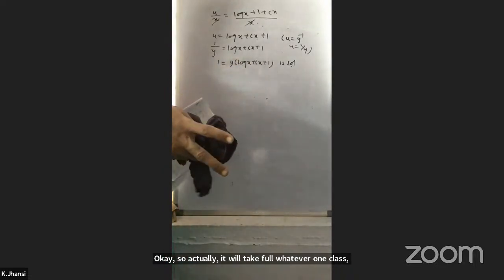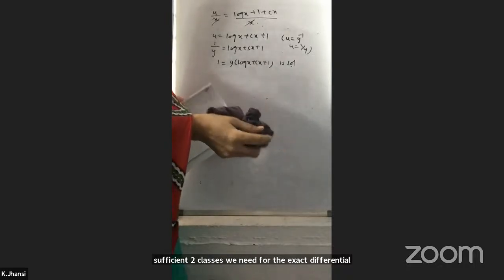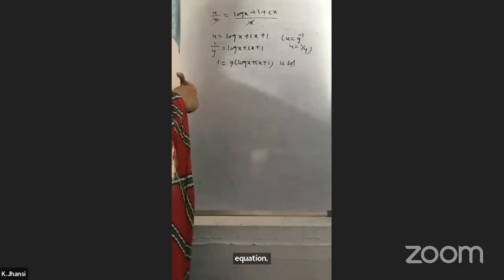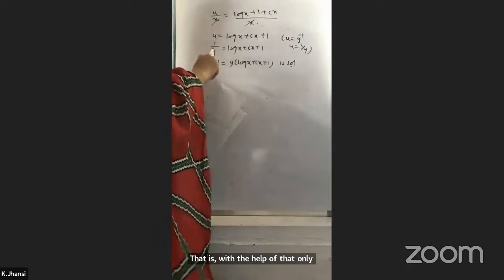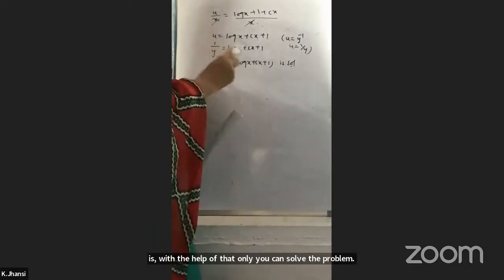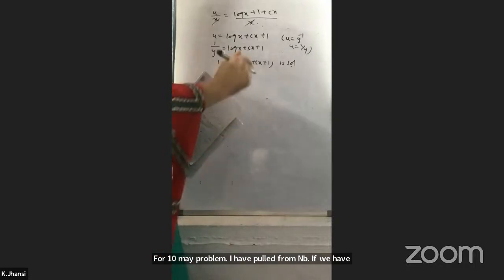We need 2 classes for the exact differential equation, in which 4 different types of exact differential equation will be there, with the help of which you can solve the problem. So 10A problem I have told. For 10B, if you have time, practice; all the procedure is in your textbook, so start from there.